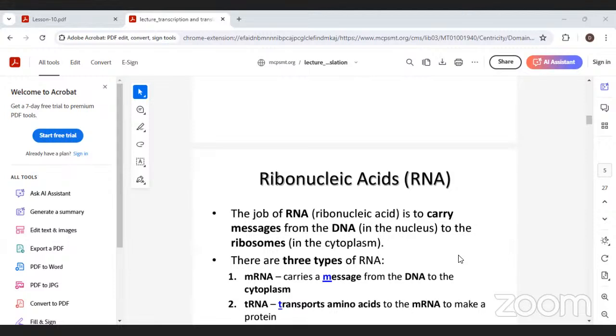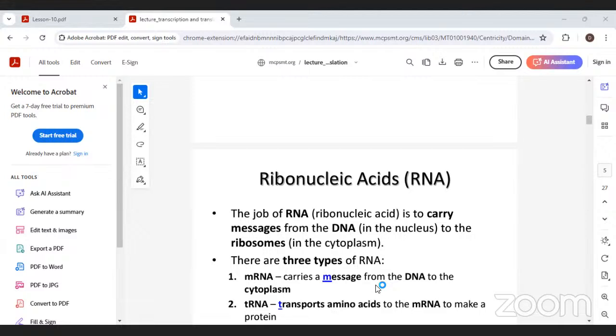In the cytoplasm, there are three types of RNA: mRNA, tRNA, rRNA. mRNA is called messenger RNA. It carries the message from the DNA to the cytoplasm.